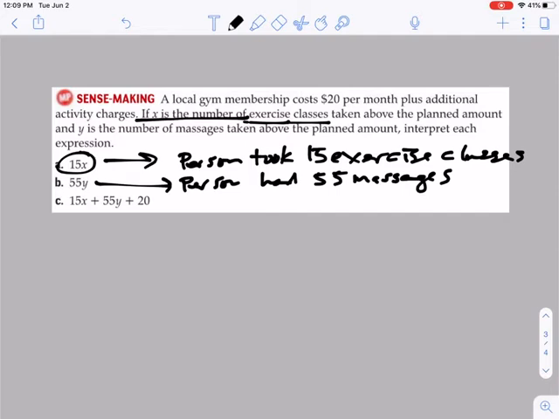And then this last bit right here, think about what it's saying. Here's the exercise classes, the 15x. Here's the massages. And then here's the 20.